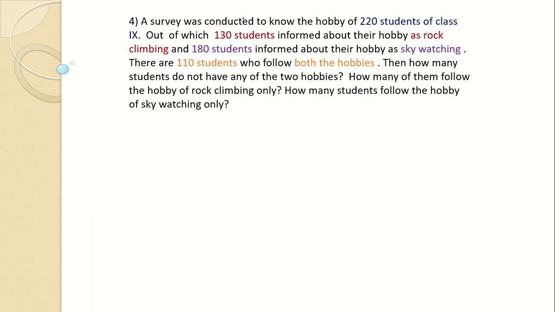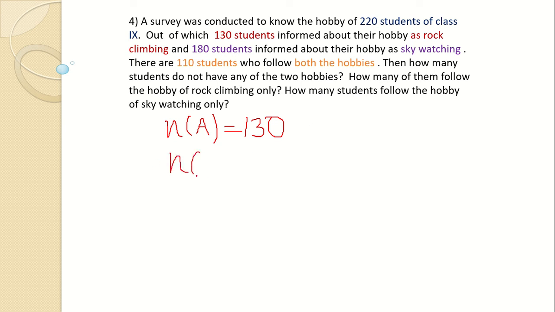Now see, this is kind of a universal set, 220. There are a total of 220 students in class 9, out of which 130 informed about their hobby as rock climbing. So rock climbing I am assuming to be A. So there are 130 students having their hobby as rock climbing and 180 students as sky watching.